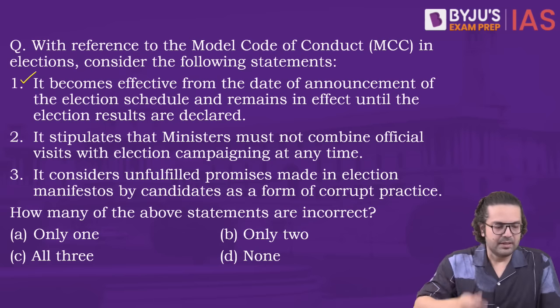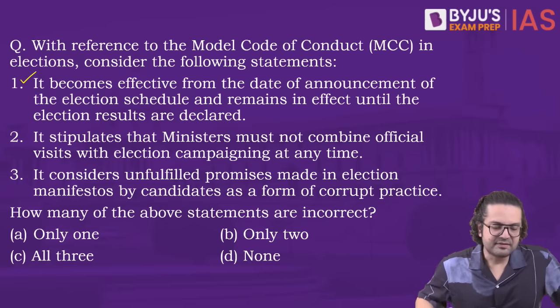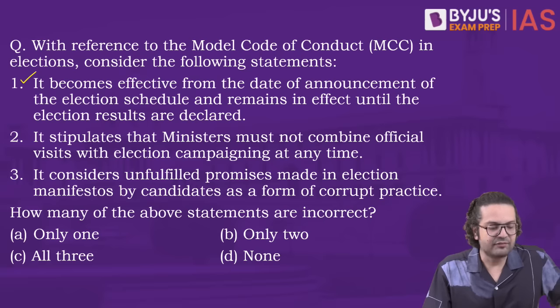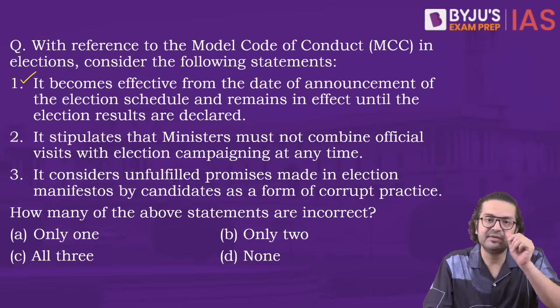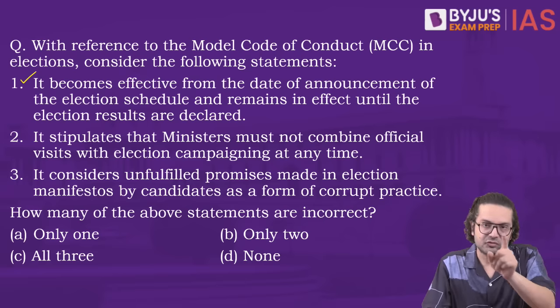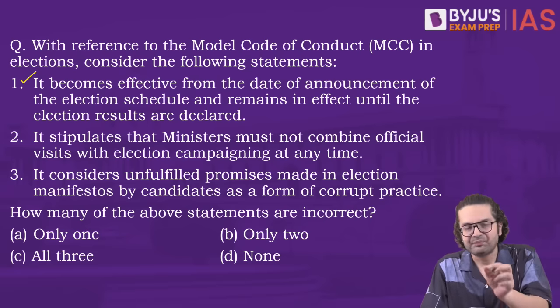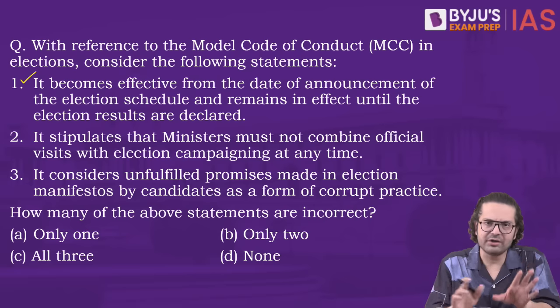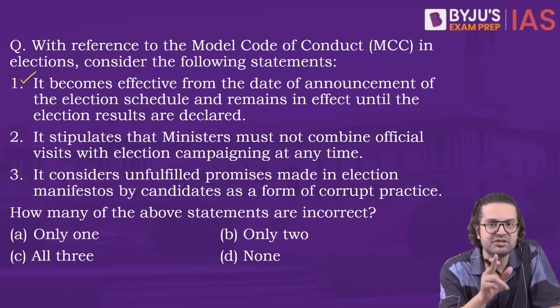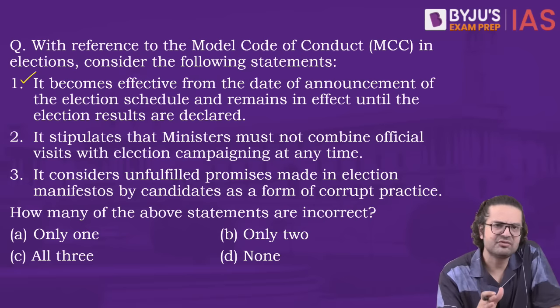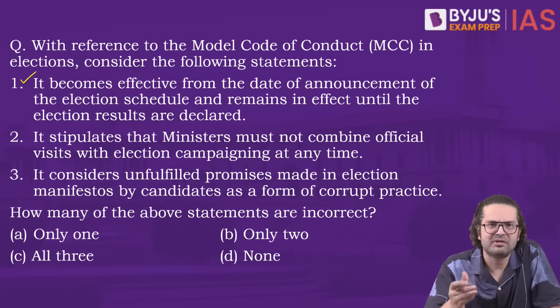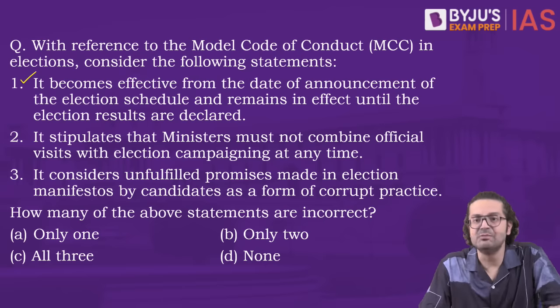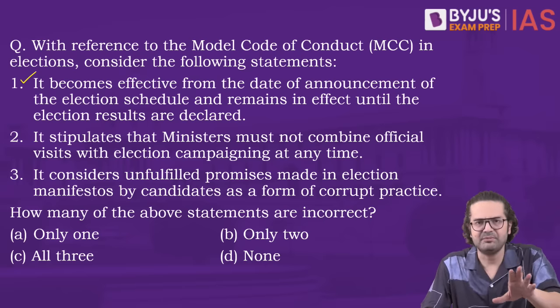Number 2, it stipulates that ministers must not combine official visits with election campaigning at any time. Absolutely correct. The MCC explicitly mandates that ministers must not combine official visits with election activities or utilize official machinery for campaigning. Additionally, the ruling party is also prohibited from using government transport, government machinery, etc. for campaigning purposes.